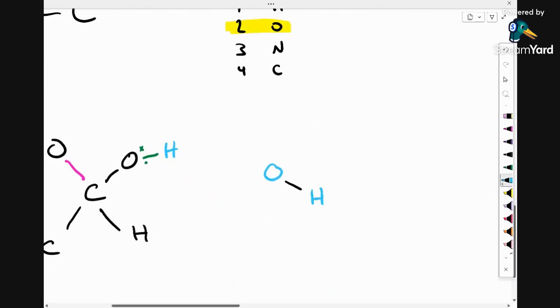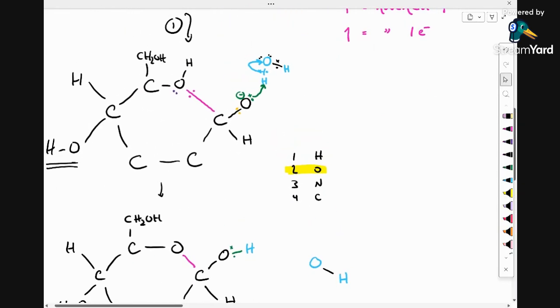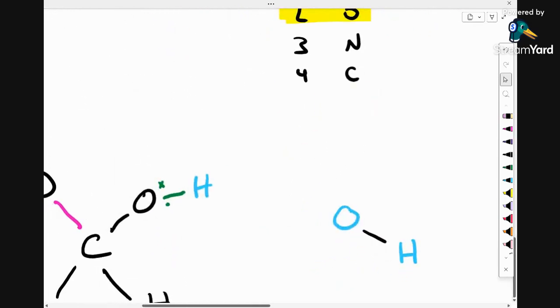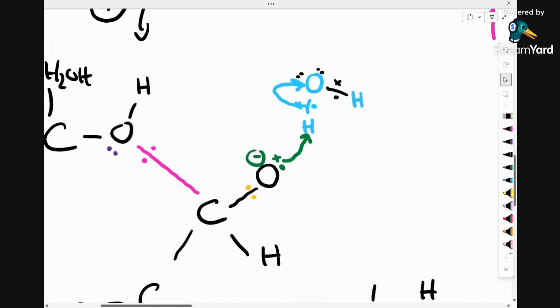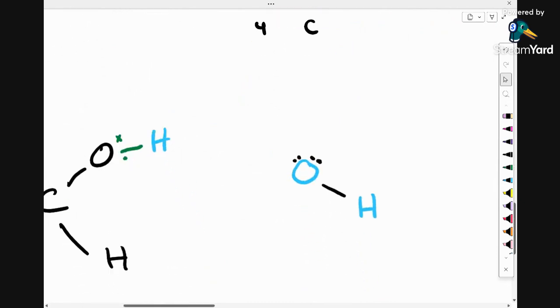So we've still got this hydrogen here, which I'm trying to color code and keep everything the same. We've got our 2 lone pairs on the oxygen, which were there anyway, in black. So I'll just draw them like this, 2 lone pairs. And the electrons here, the blue ones, the dot and the cross that were in the oxygen-hydrogen bond, have been given back to the oxygen.